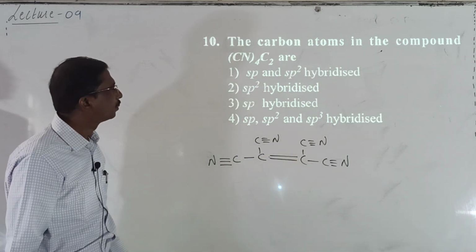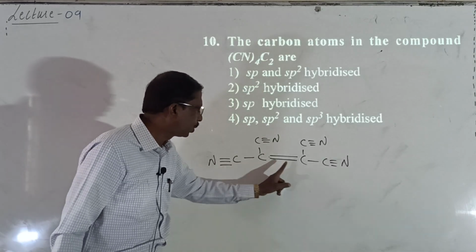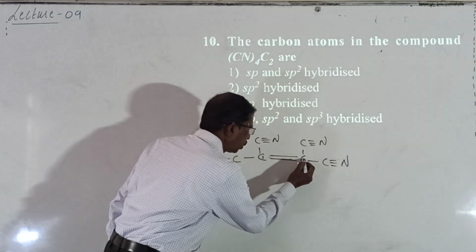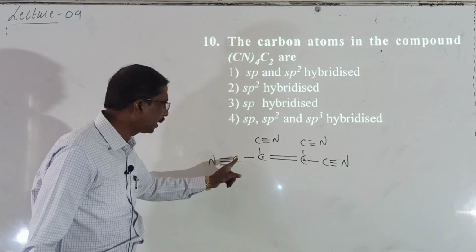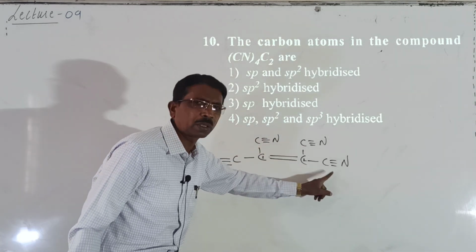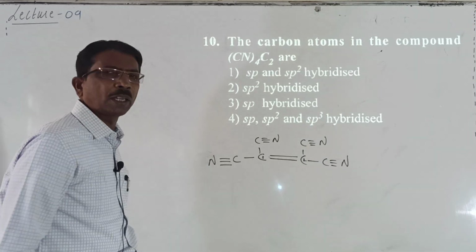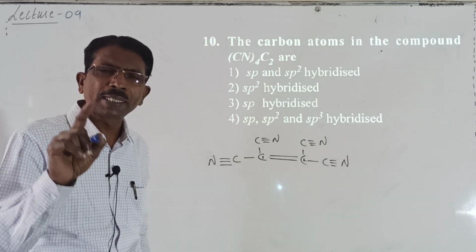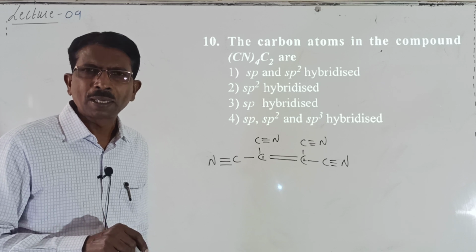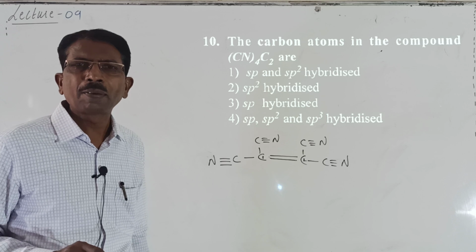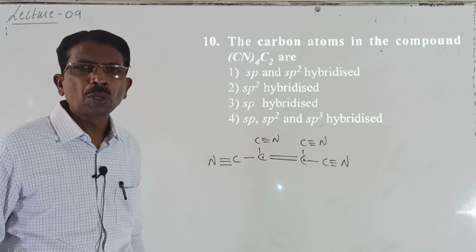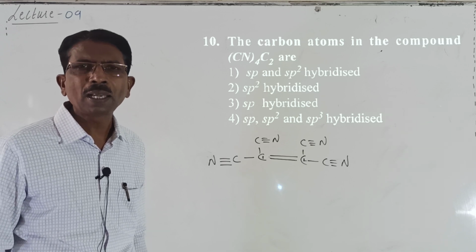Look here students, C2 1 2, and CN4: 1 CN, 2 CN, 3 CN, 4 CN. And then you know that if a single bond is there between the carbon or nitrogen, then it is sp3. If a double bond is there, then it is sp2, and if a triple bond is there, then it is sp.